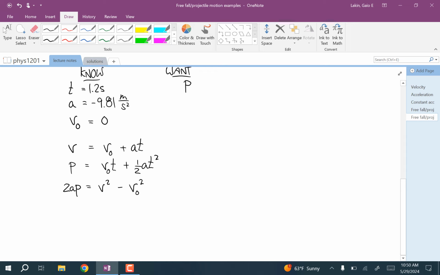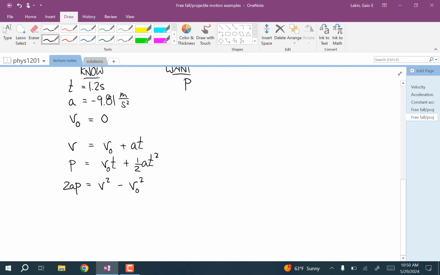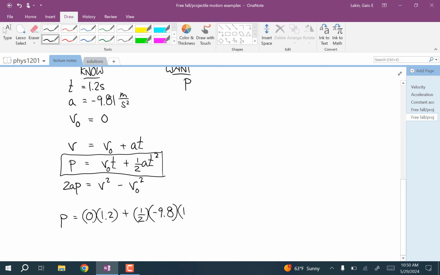It looks like we can use the second equation. So the second equation says p is equal to 0 times 1.2 plus 1/2 times negative 9.8 times 1.2 squared.